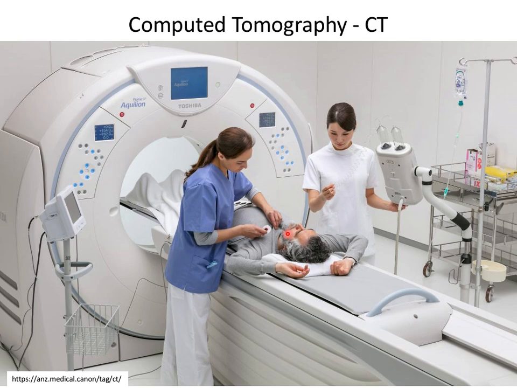So computed tomography, this is a modern day CT scanner here. And the thing that makes it a modern day scanner is it's pretty thick in that nowadays they take a traditional CT scanner and they stack maybe 256 of them on top of each other. So you have 256 rows of detectors in the Z direction, in this direction. So you can get 256 slices simultaneously. That's how this huge speed increase occurred in CT.